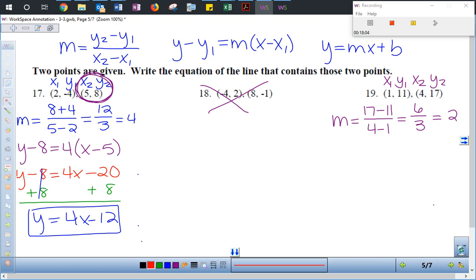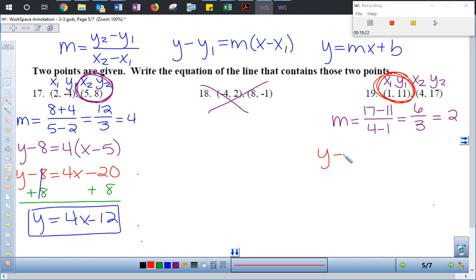Now, we need to choose an ordered pair to go with my slope and put it into point slope form. I'm going to choose the first one this time because they're smaller numbers and they're easier to work with. So let's take this information and substitute it into my formula.